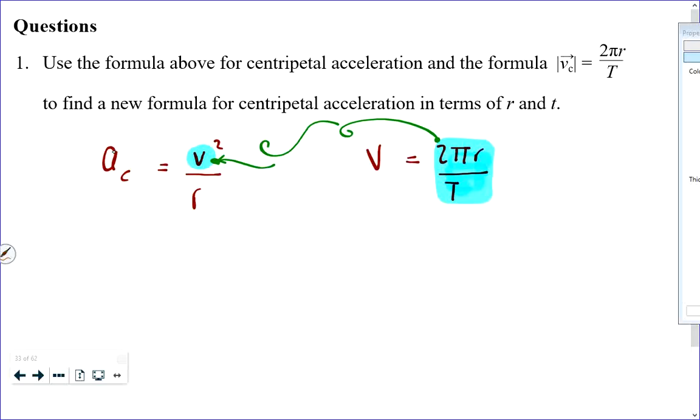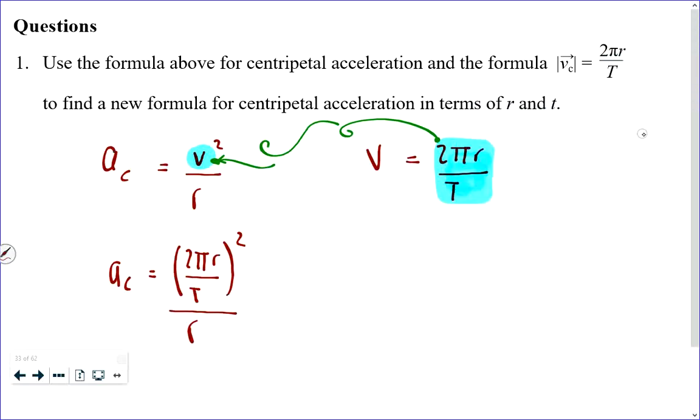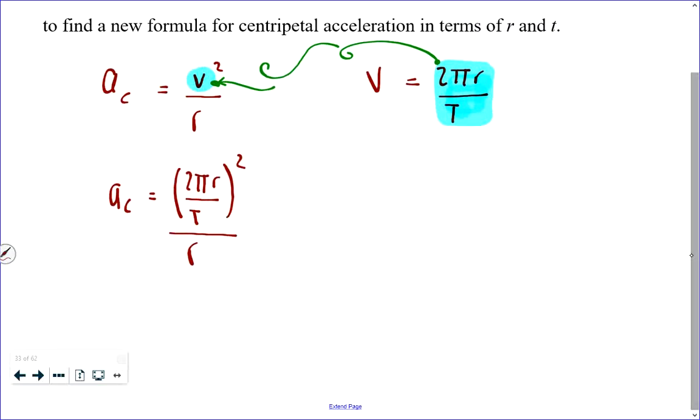And what's going to happen is I'm going to get the centripetal acceleration equals 2 pi r over t, quantity squared, over r. So I'm going to square the 2, square the pi, square the r, square the t, and I'm left with a equals 4 pi squared r squared over t squared over r. Capiche on that step? You see what I've done there?